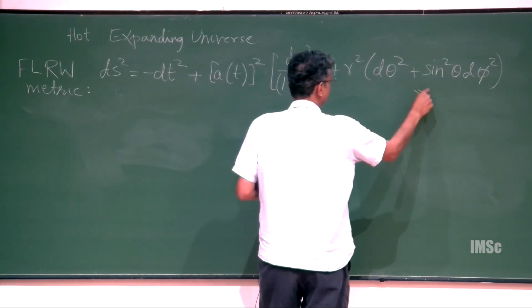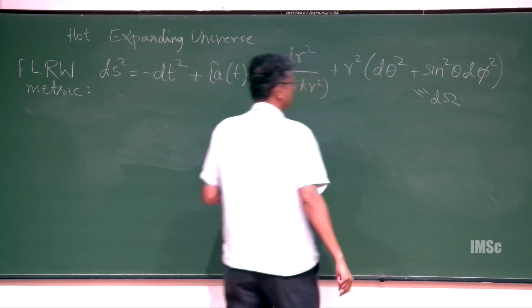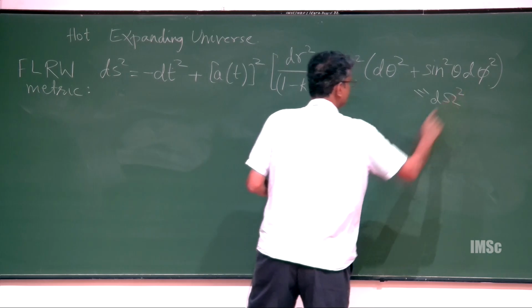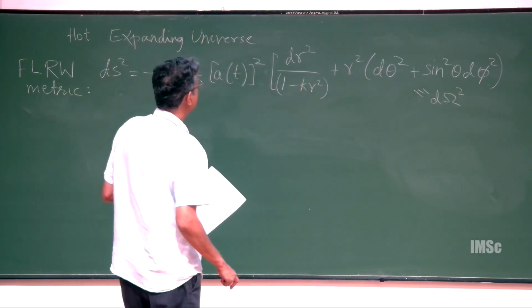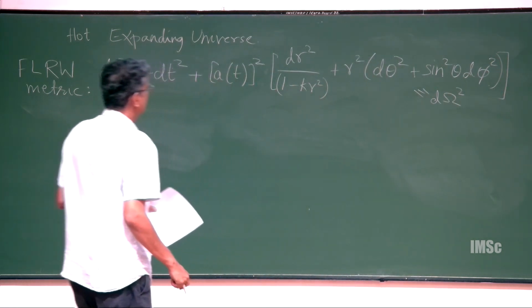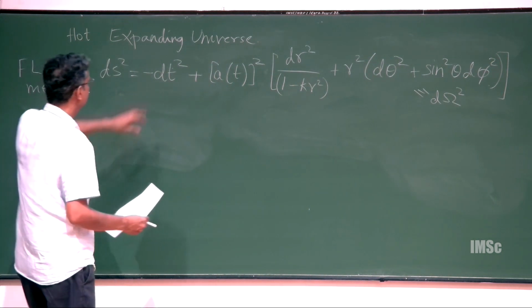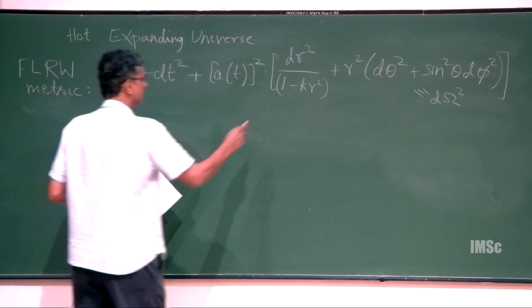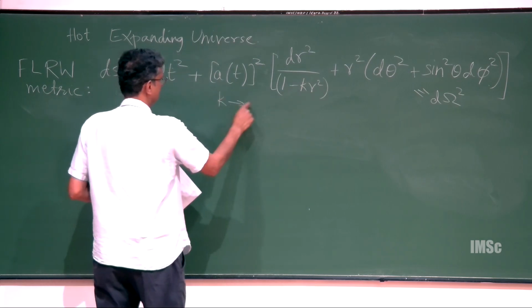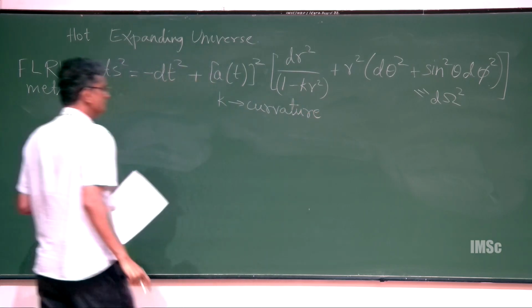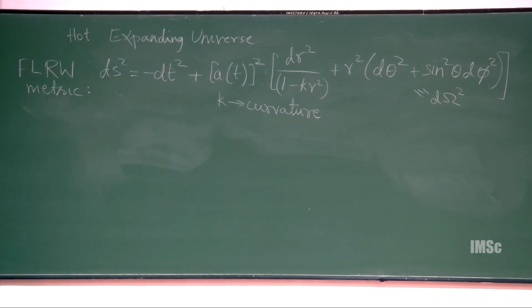This is usually called d omega, the solid angle, squared. Okay, this is the time part, this is the spatial part, and this k here is the curvature. Okay, from your general relativity knowledge, hopefully this is clear what this means.